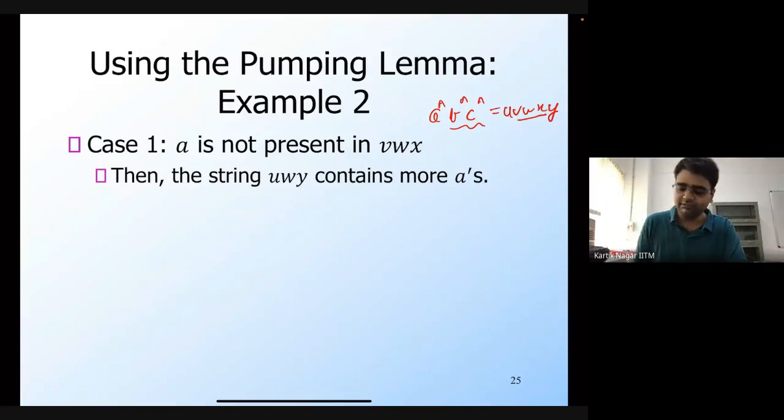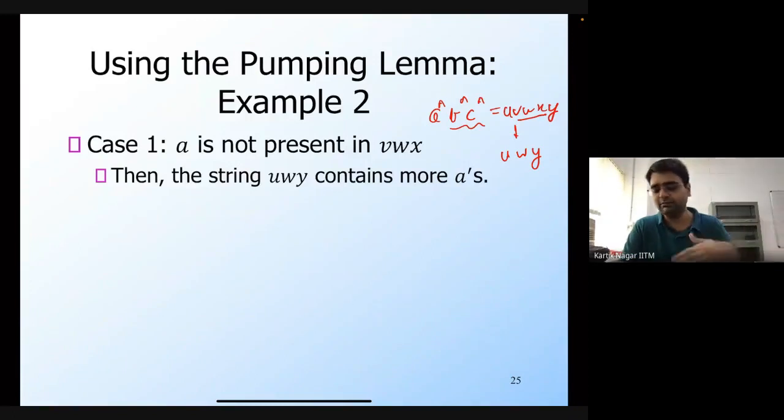Which means that if I pump down, so if I consider the string uwy, pumping v and x down to 0, then the resulting string is still going to have n a's, but it's definitely going to have fewer b's or c's. It cannot have n b's and n c's. So the string uwy contains more a's.